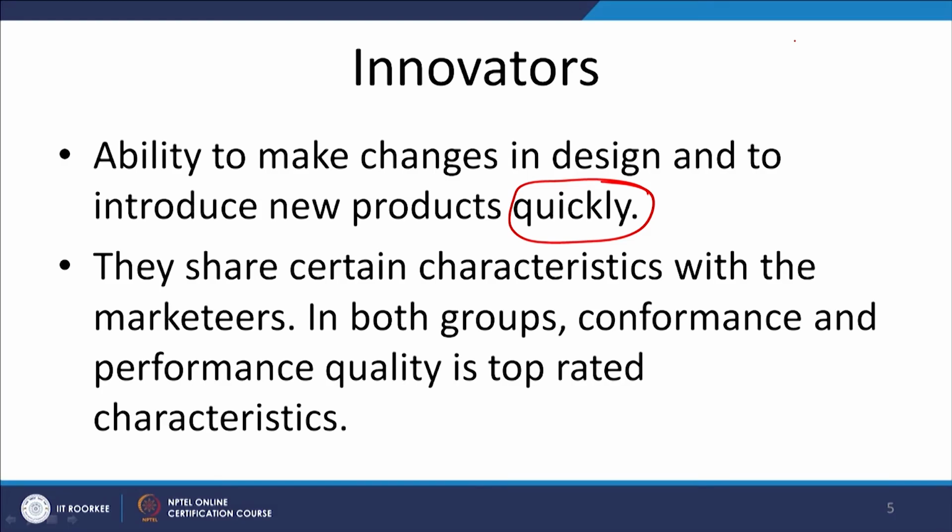So, sometimes the ideas of marketing and innovation may get some kind of contradiction, because products which are developed according to market requirements can be distributed, can be given to the market much more conveniently, but those products which are developed as a result of your R&D activities may not be exactly in line with the market expectations.